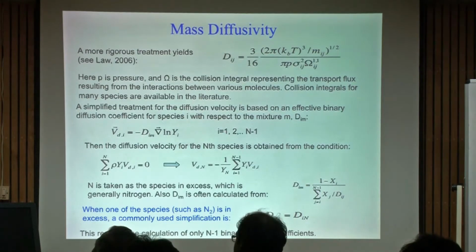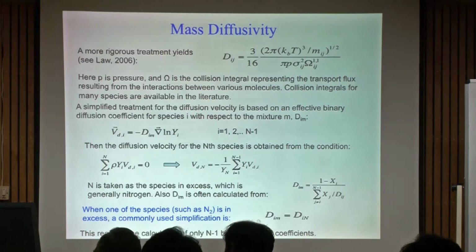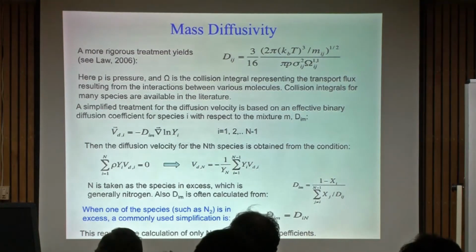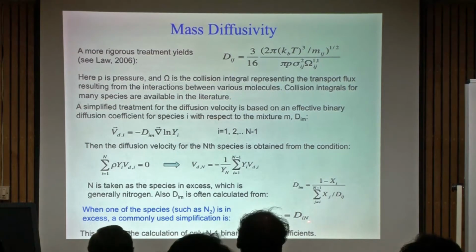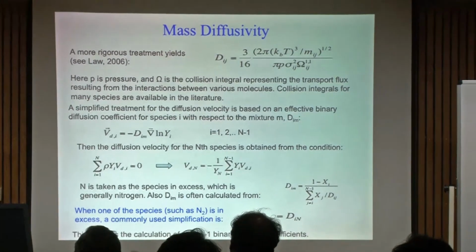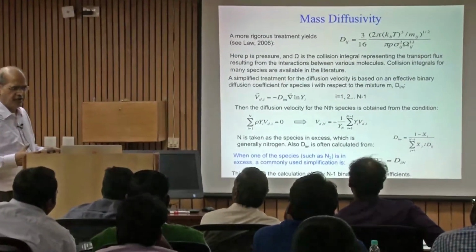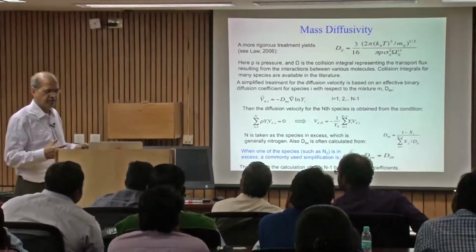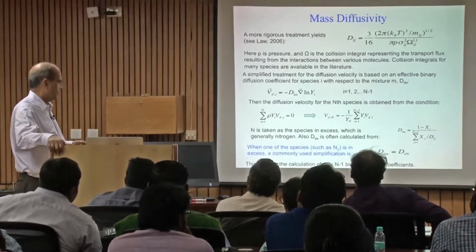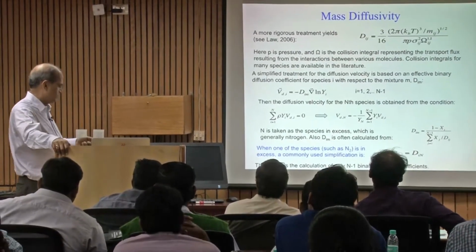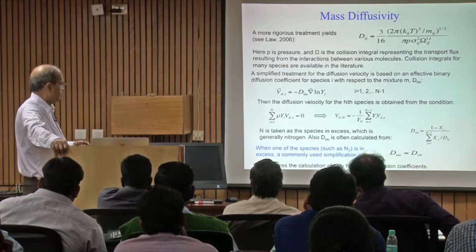If it is a 1D software, then maybe you can do Dij, multi-component diffusion. Otherwise, you use Din. What is N? That is with respect to nitrogen. And why is that? Because in any reacting mixture, most of it is nitrogen, 80 to 90 percent. So it will introduce some error, but this is a common practice.